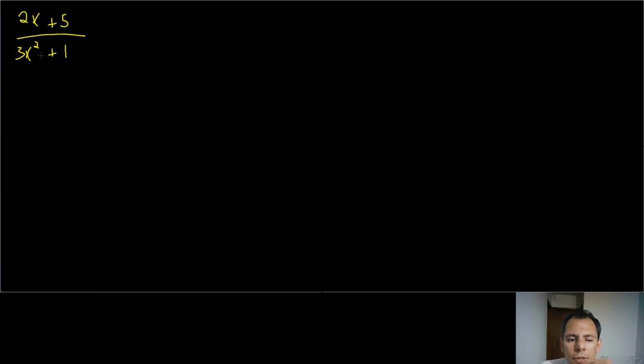You know why I don't divide it by x squared? Because I don't want to just have a 3 here. Or we can do that. Let's divide it by x squared. So dividing everything by x squared, you get 2 divided by x plus 5 divided by x squared, over 3 plus 1 divided by x squared.